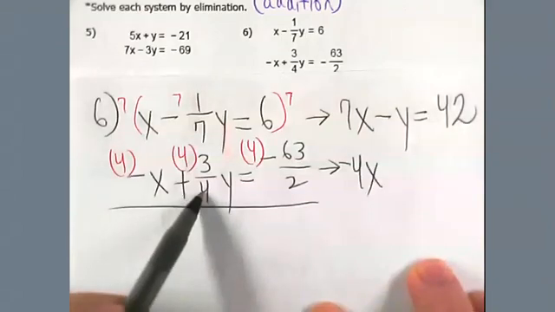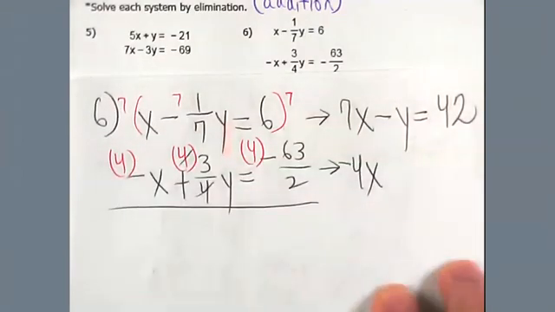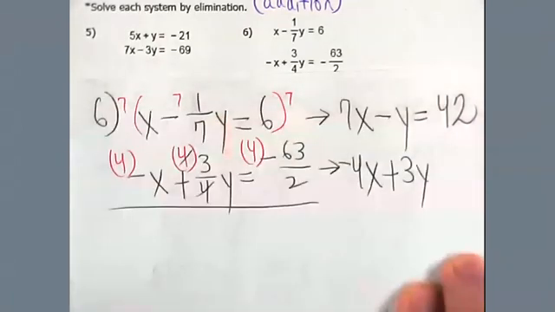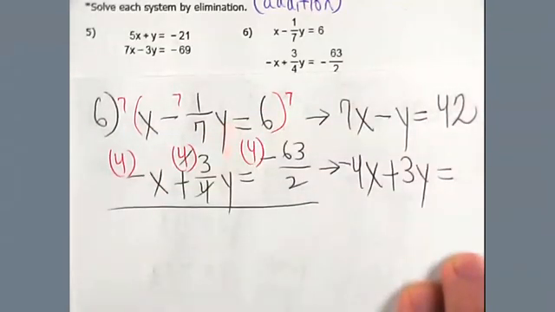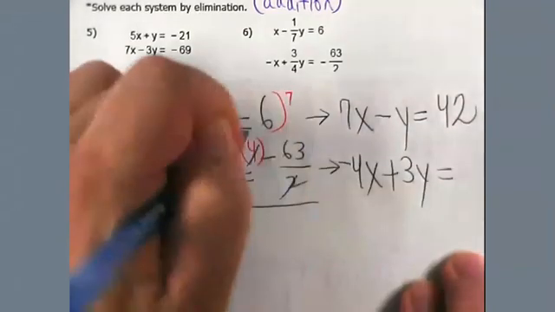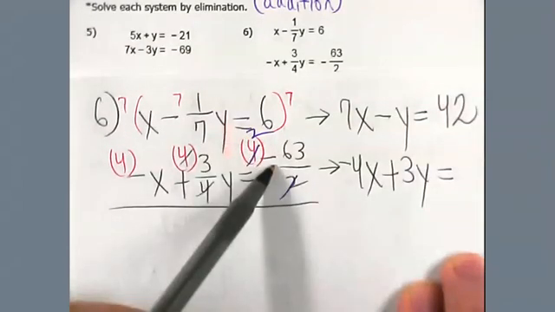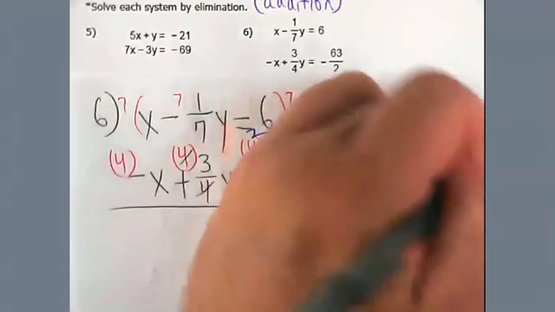The 4's cancel in the middle, leaving you with a positive 3y. And at the end, 2 can go into 4 2 times. And 2 times negative 63 will give you negative 126.